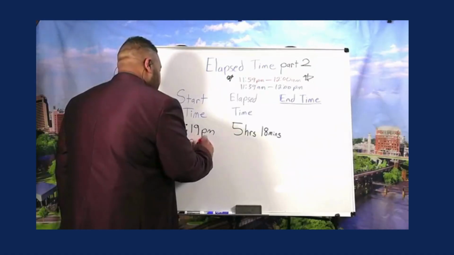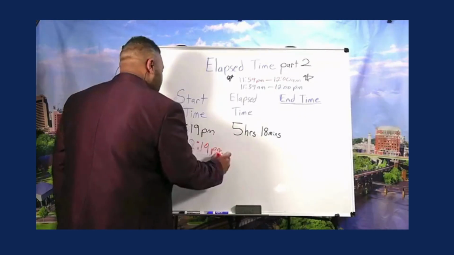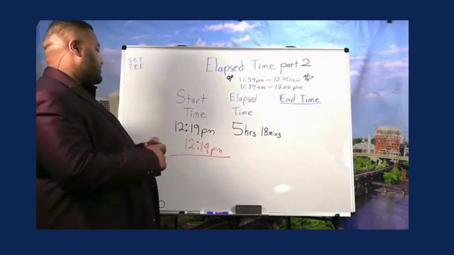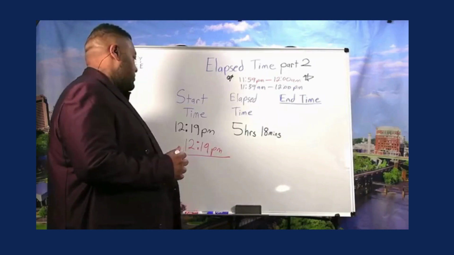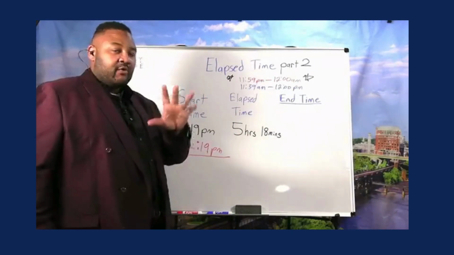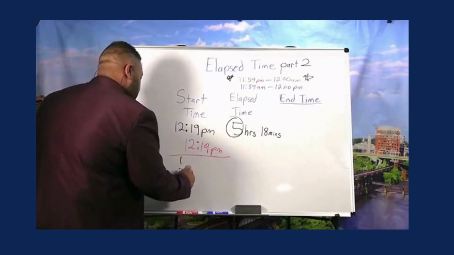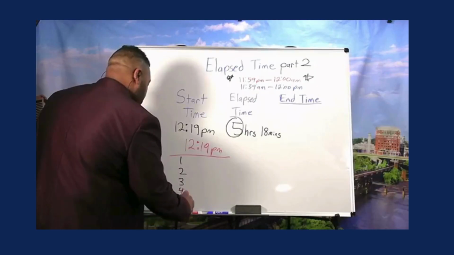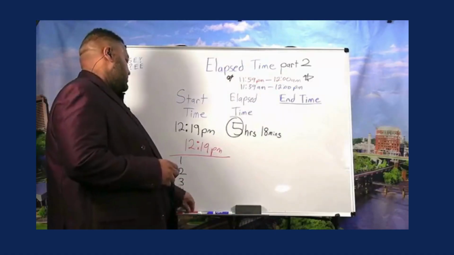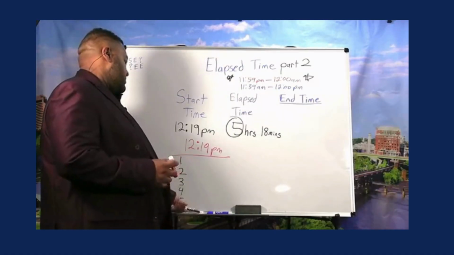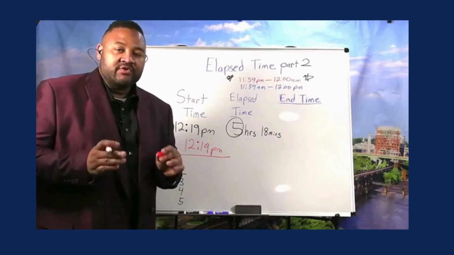First thing I'm going to do is put 12:19 p.m. and I will put a line under it. How many hours is it? 5 hours. 1, 2, 3, 4, 5. All we're doing now is first count your hours.